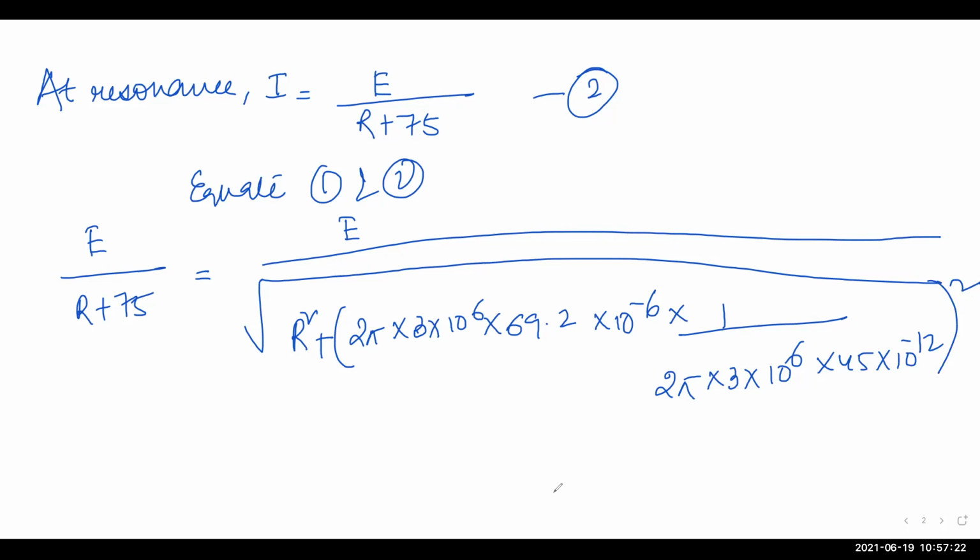Okay. So now you just equate it. This E will cut out and you can easily find out R. Now tell me the value of R. Do the calculation, please.